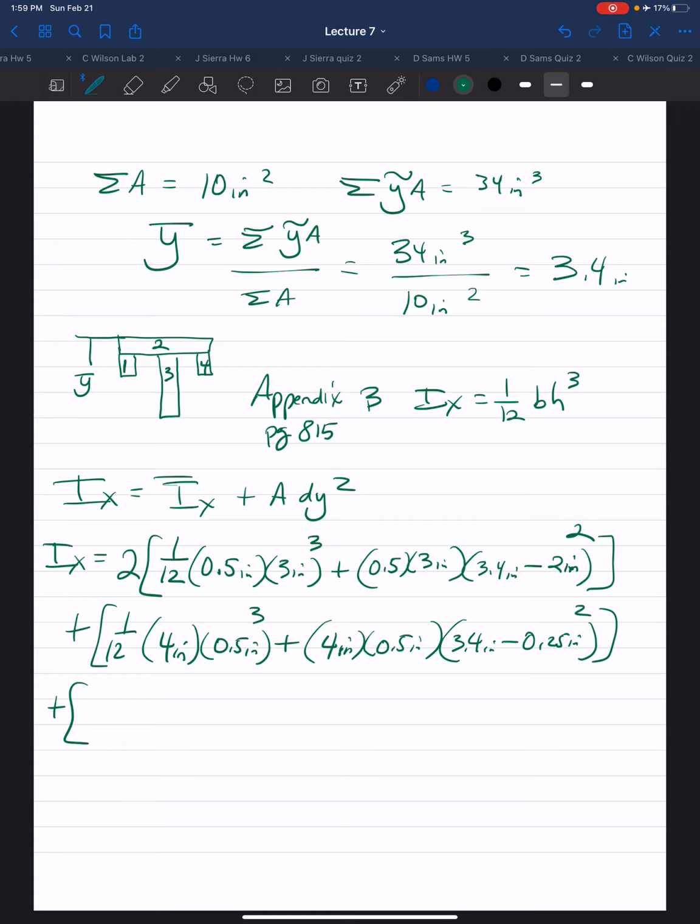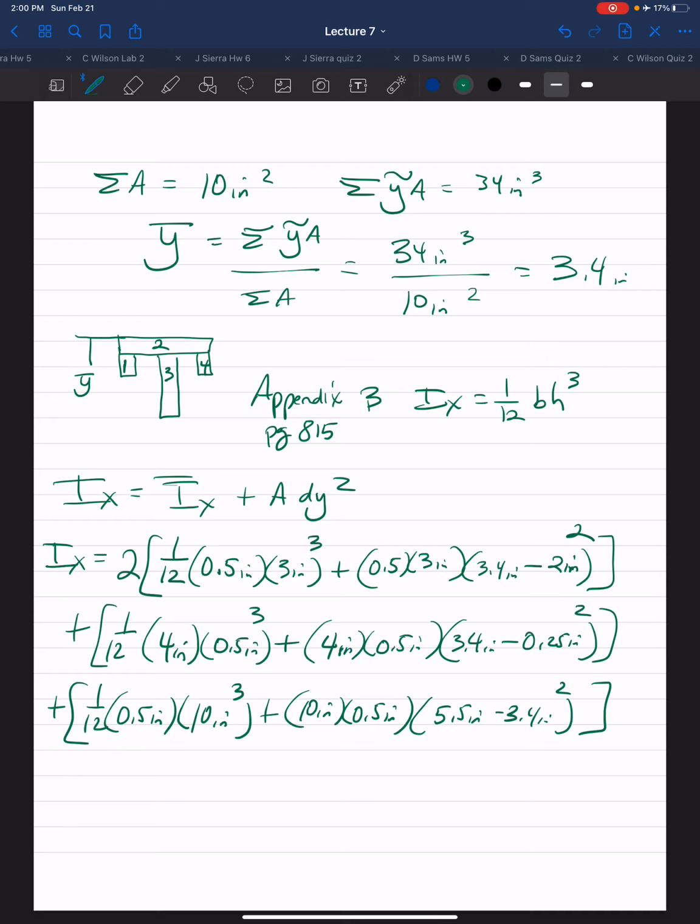once again, it's a rectangular shape, so it's 1/12 the base, which is 0.5 inches, times the height, which is 10 inches cubed, plus the area, which is 10 inches times 0.5 inches, times dy squared, which is the difference in the centroid location of segment 3 to the overall composite, which is 5.5 inches minus 3.4 inches squared.